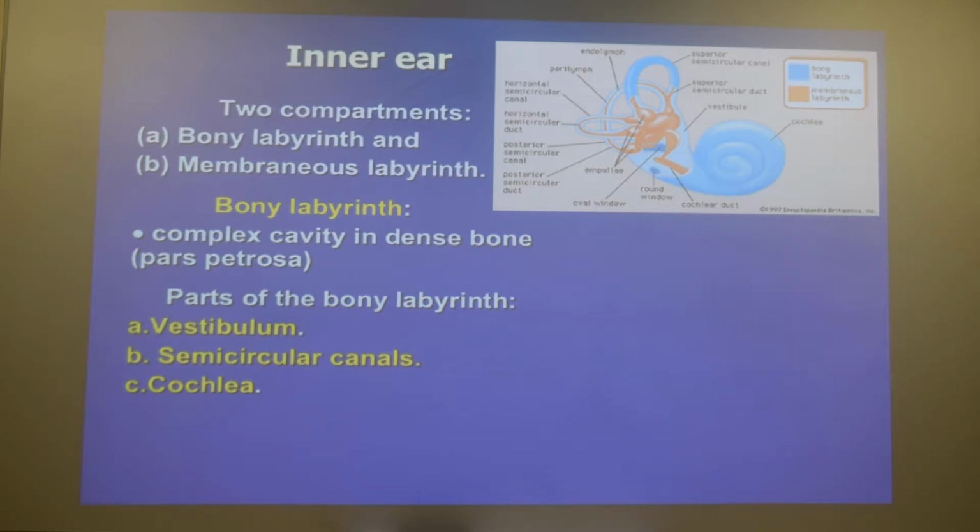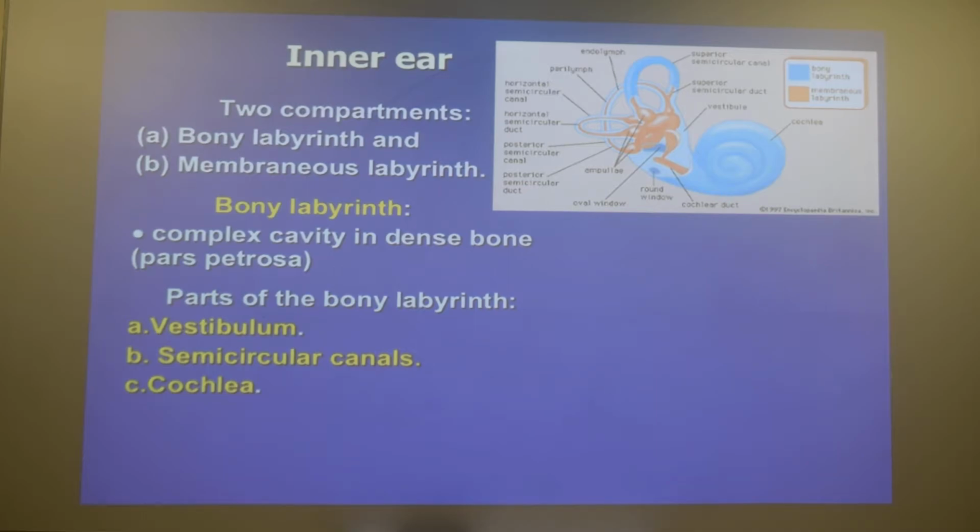So you have a bony part of the internal ear which is formed by the bony mold of the petrous temporal bone, and within that bony part you have the membranous tube, which is the cochlear duct. Within the vestibule you have the utricle and saccule, and in the semicircular canals you have the membranous semicircular canals.